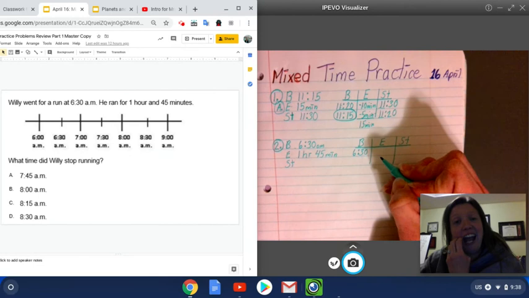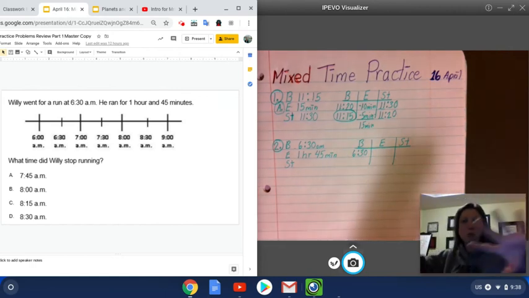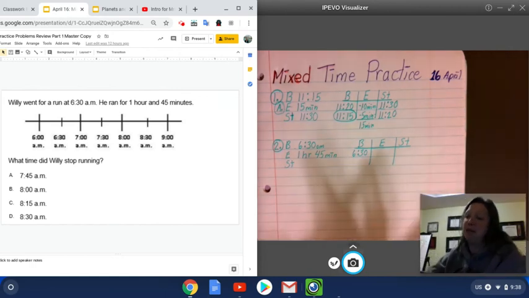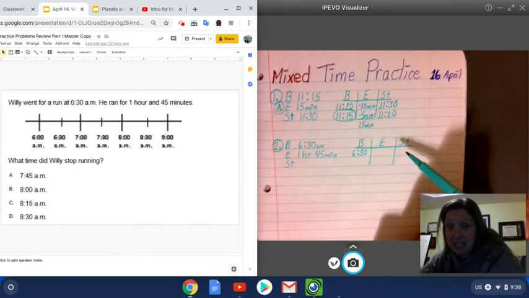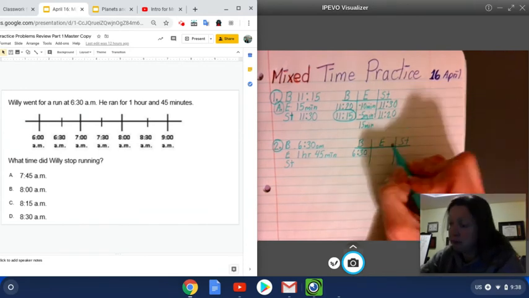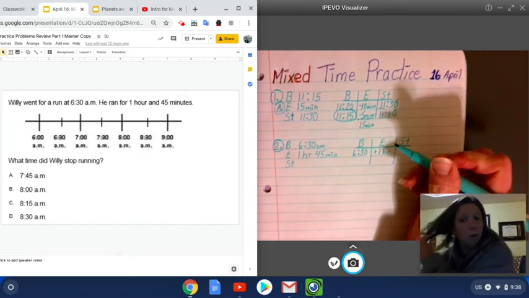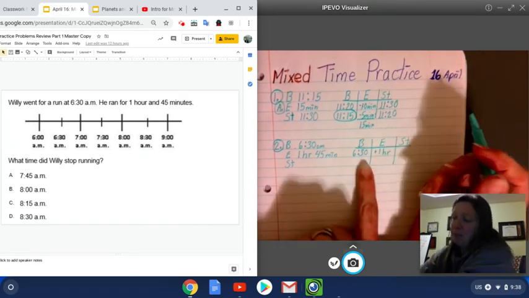So remember, we start with our hours, and there was one time when we learned about the two separate T-charts where you would separate hours and minutes. You can do that if it's easier. I always like to do it here so that way I don't get confused. So I want to add 1 hour because we're going forward 1 hour.